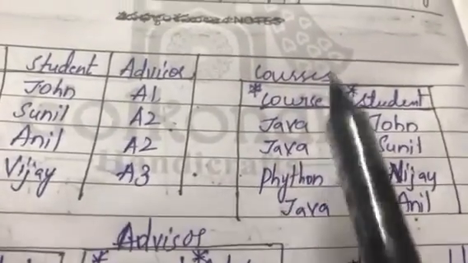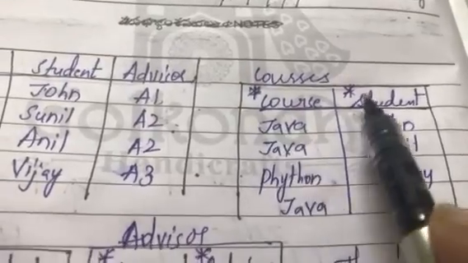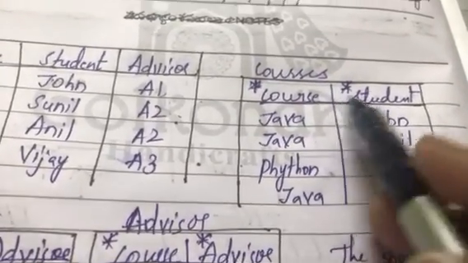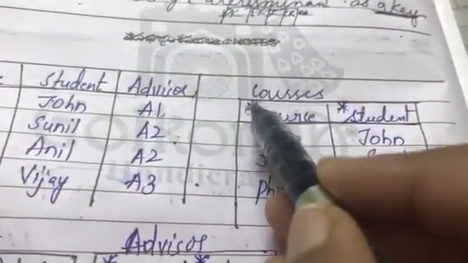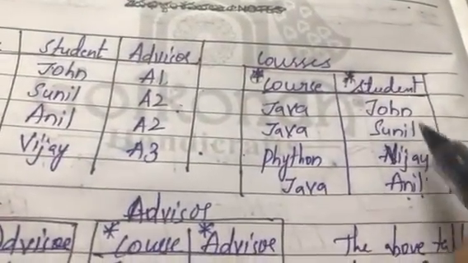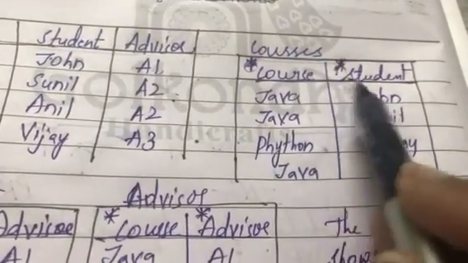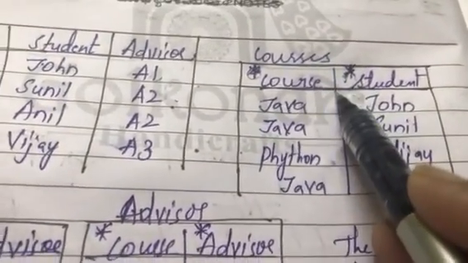So if we take three different tables, courses and students, we are making them a primary key. Here only single names are there. For student, we have made some of the columns a foreign key.